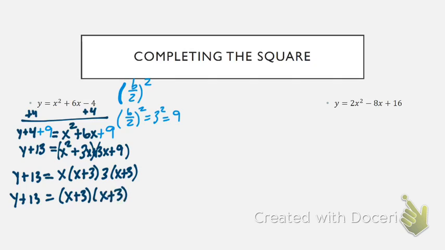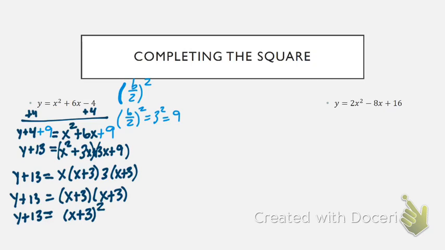When we complete the square, the reason we use b over 2 squared is that it makes a perfect square trinomial every time. Every time I factor the right side of my equation, it's going to factor to x plus half of b, squared. So we calculated b over 2, which was 3, then squared it and added 9 to both sides.